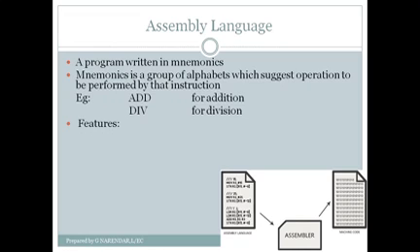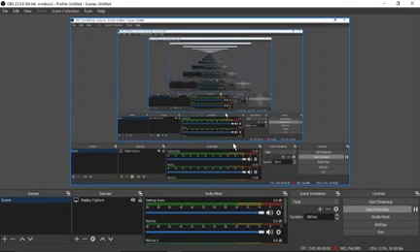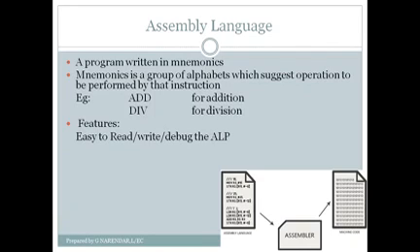So what are the advantages and features of this assembly language when compared to your machine language? The instructions written using assembly language are very easy to read. If we write the instruction using mnemonics, we simply have to write ADD, and this instruction is very easy to read, to write and to debug also.